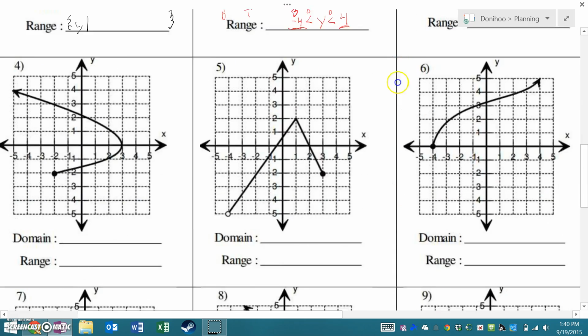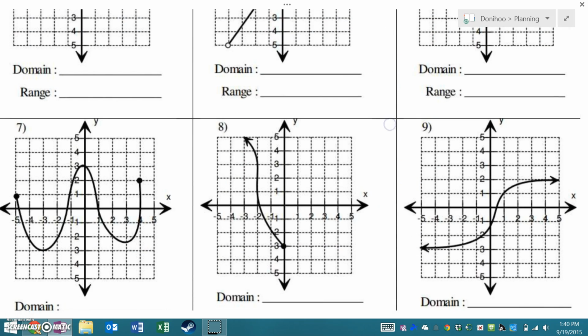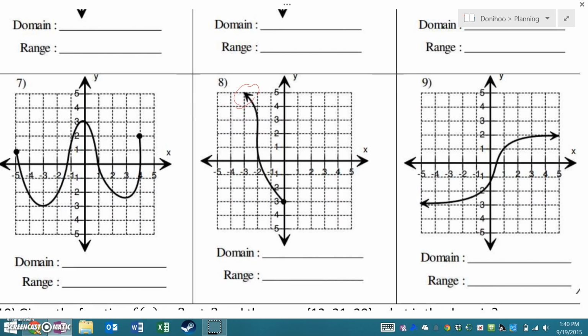Now, what I really wanted to show you guys is in the situation where you have an arrow, things change, because now if I were to try to write my domain on the left side of the graph, there is no number. This arrow means that this graph is just going to continue in this direction. Well, where does this graph start? I can't draw a line where it starts. It's just going to keep going over here to the left. So that means I'm not going to have a number for the left side.